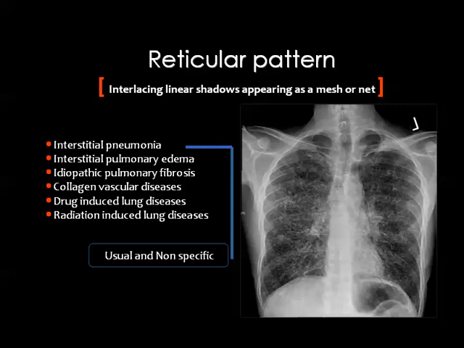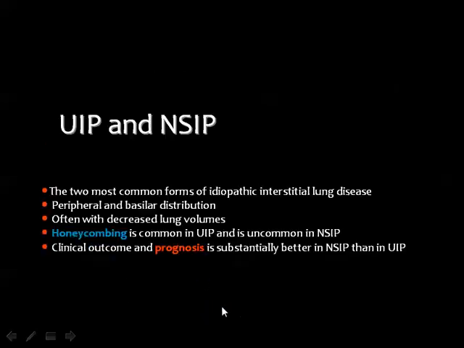Both types of pneumonia, the usual one and the non-specific one, are very easy to diagnose. We start with usual interstitial pneumonia and non-specific interstitial pneumonia. They are the 2 most common forms of interstitial lung disease, and you get extensive pulmonary opacities, linear opacities in the lung.